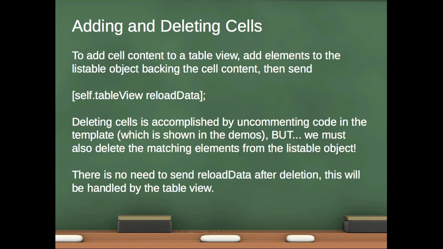After a deletion, though, we don't need to send reloadData. This is already handled by the table view. So once we uncomment that code block, that will handle the deletion of the cell from the table view. But we have to handle the deletion of the data from that, usually mutable NSArray or NSDictionary.